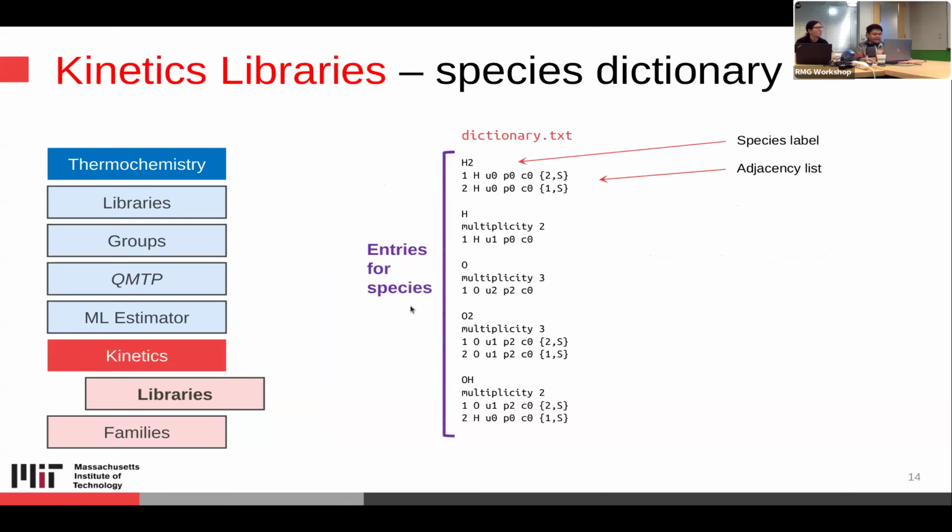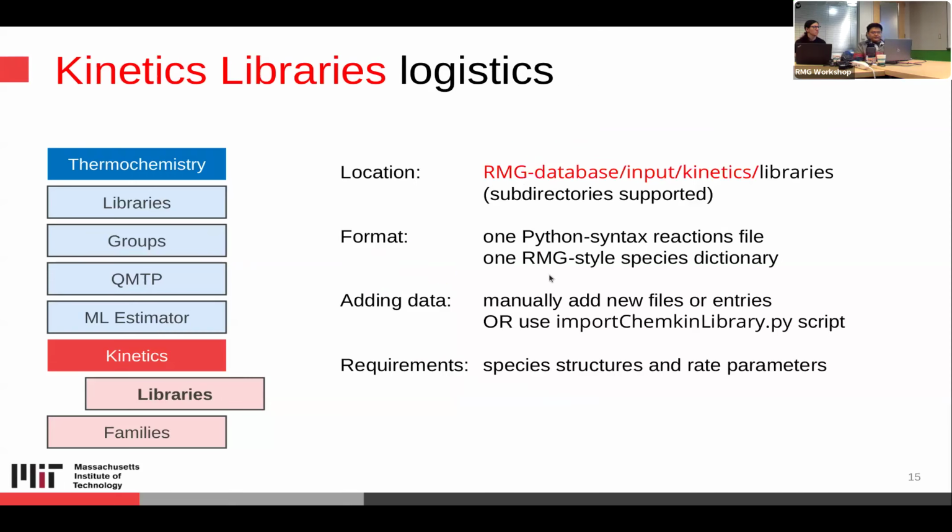Here's what a dictionary file looks like, where each of the names of the species are listed, and then you have their adjacency lists under each of them. Everything has to be consistent. These are listed in the RMG database input kinetics libraries. They have that Python syntax file and the dictionary file.